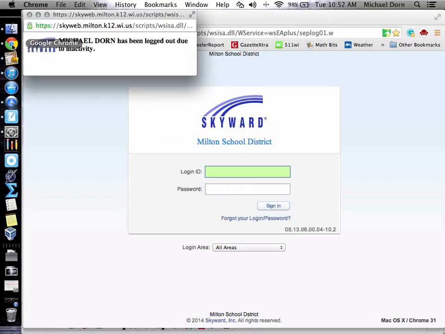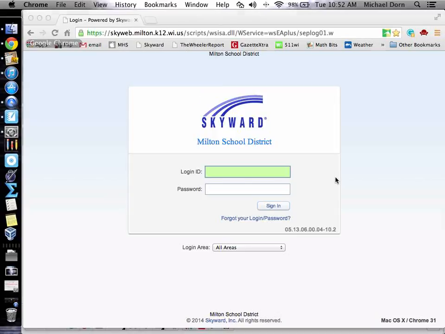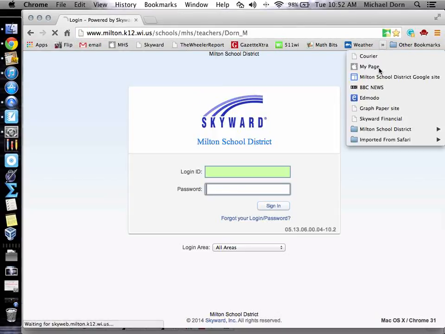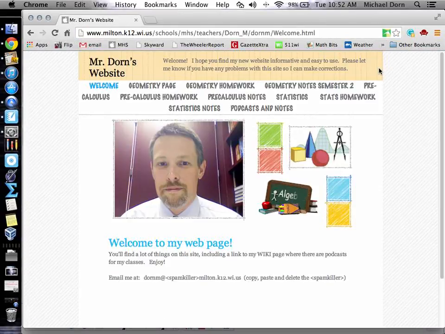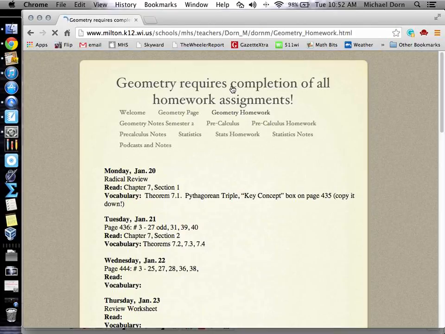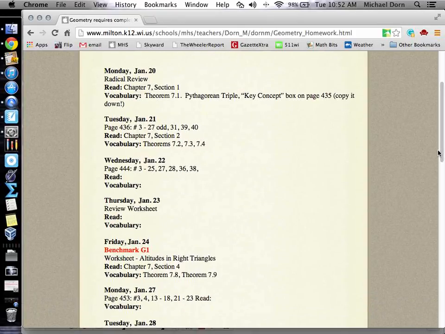Let's look at the assignments for today. It's out of your book, page 436, 3 through 27 odd, 31, 39, and 40. There are also 3 vocab terms due on note cards.